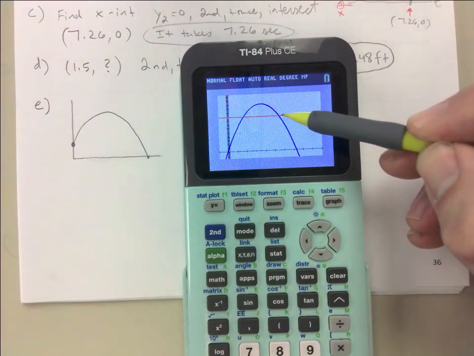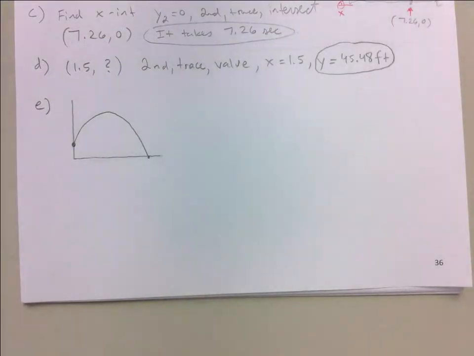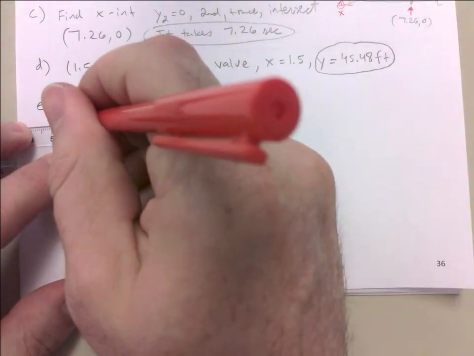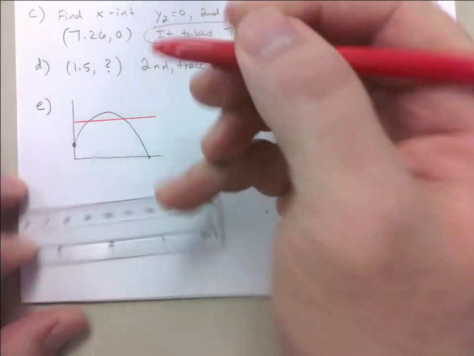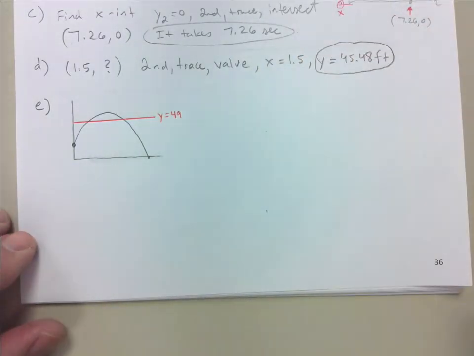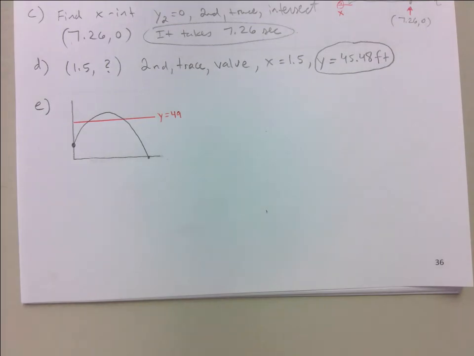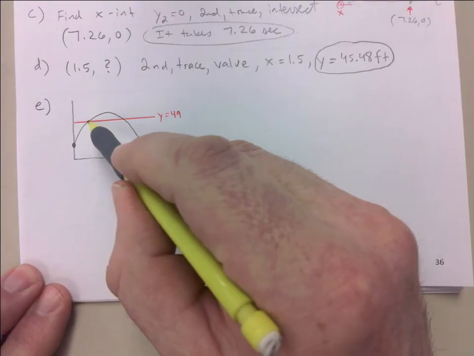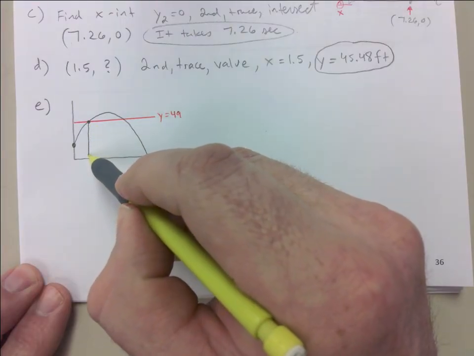Okay? So grab your, if you have a color, graph the 49 line. This is y is equal to 49. And we're going to figure out this value right here.